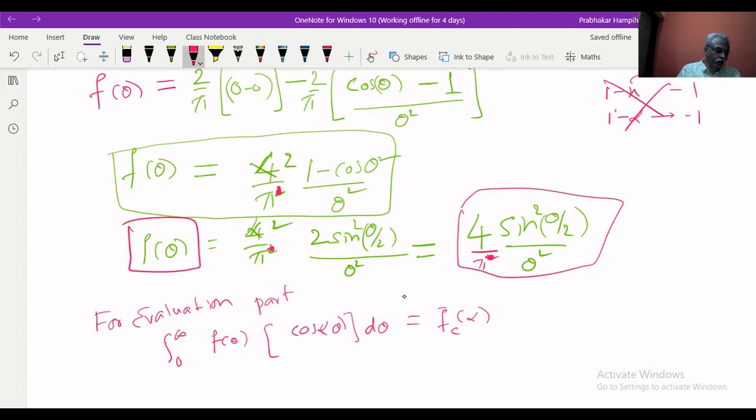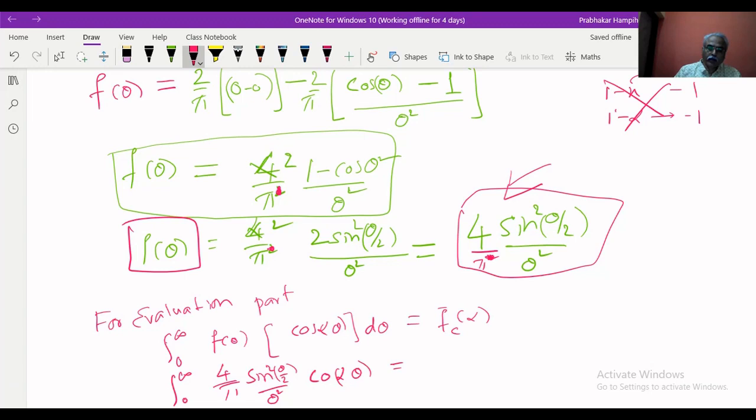Now what is f of theta we found? Just now we found the f of theta value. I substitute here 4 by pi sin square theta by 2 divided by theta square. I am substituting this f of theta here, so remaining cos of alpha theta as it is.